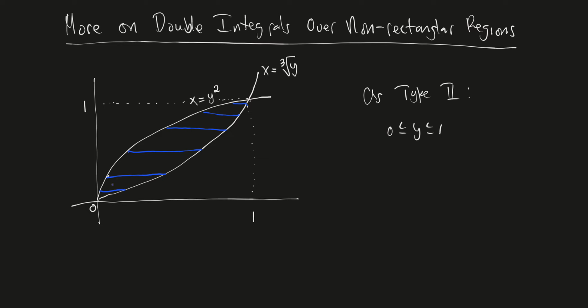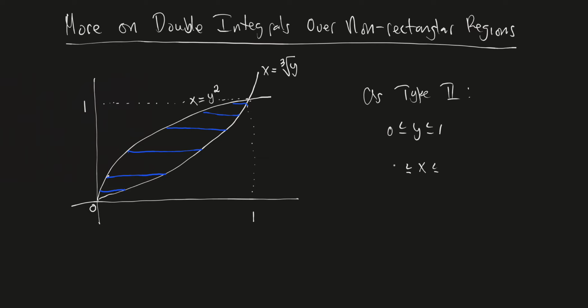So if you look at these horizontal stripes that I've just painted, if you will, they touch the curve x equals y squared on the left. That's our left boundary. And then they touch again on the other boundary, x equals the cube root of y. So what does that mean? It means our x variable is always between y squared and the cube root of y.